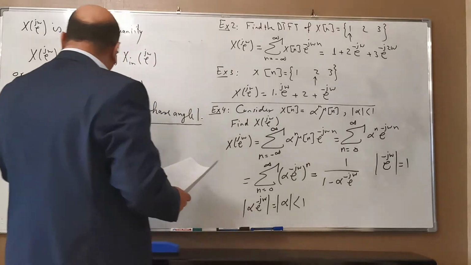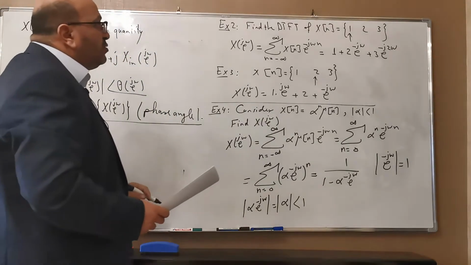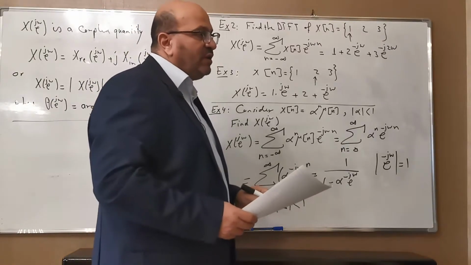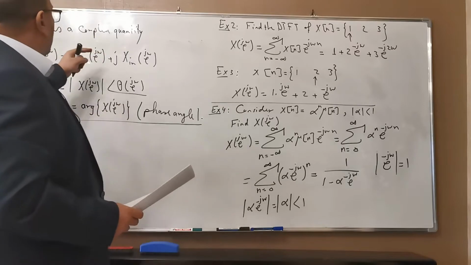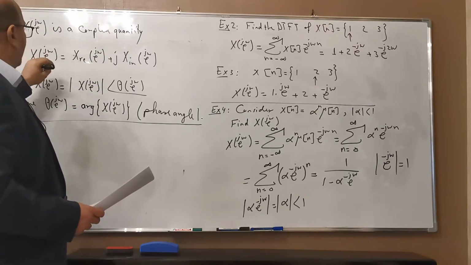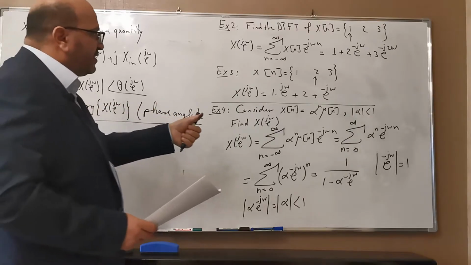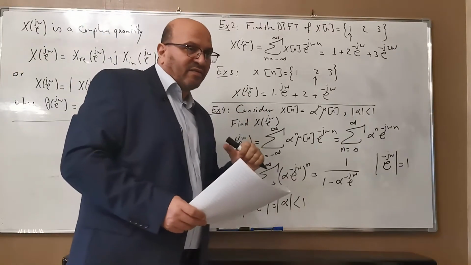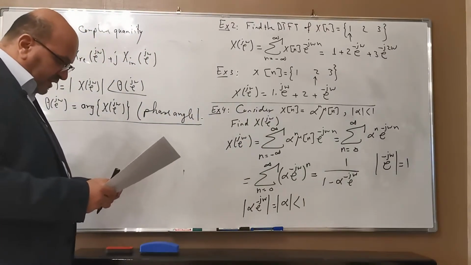Before we go to the inverse of the DTFT, usually the DTFT is a unique transformation, which means that x of n has a unique transformation, and if you know the transformation, you can go backward and find the time domain discrete time signal.